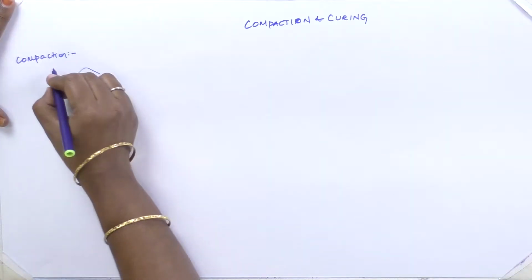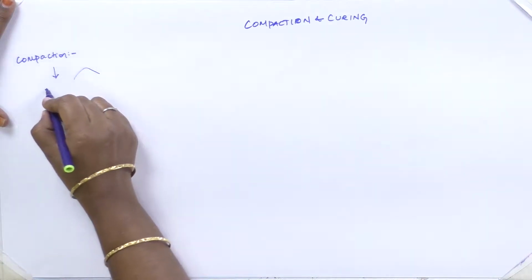We know that when concrete is being placed in a mold, it does not readily conform to the shape of the mold and it just forms a heap-like structure, so that some air will be entrapped in the concrete. In this compaction process, our main aim is to expel those air voids so that our concrete takes the shape of the formwork.